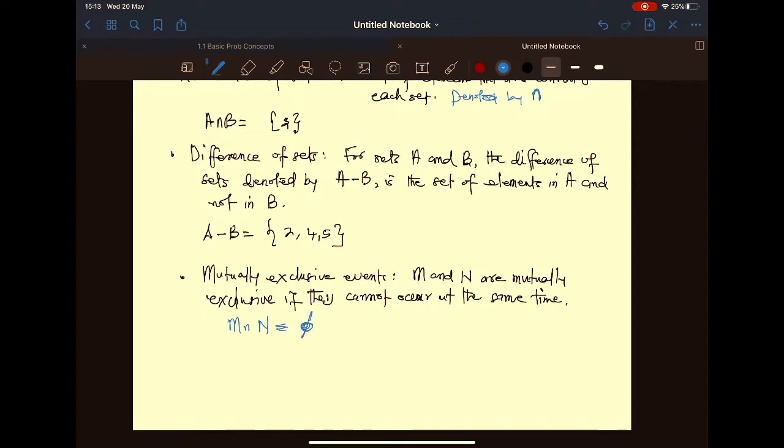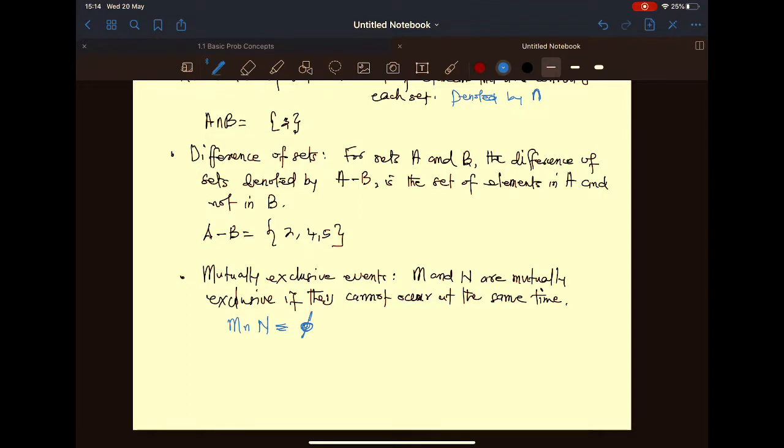So they don't have any common element between them. So that sums up what mutually exclusive events are.